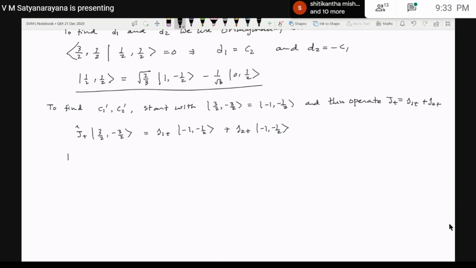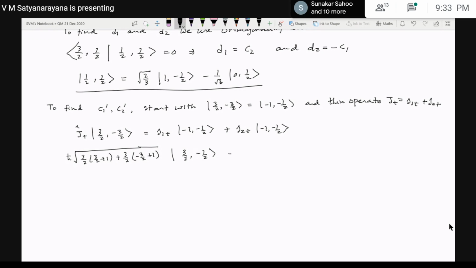So this is equal to h cross square root of 3 by 2 into 3 by 2 plus 1 minus, you have m is equal to minus 3 by 2 here, so that is plus 3 by 2 into minus 3 by 2 plus 1, into 3 by 2 minus half. So that is plus 1, right?